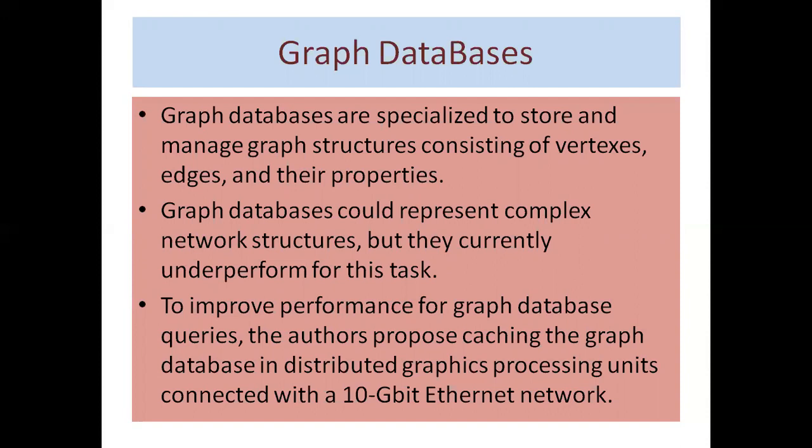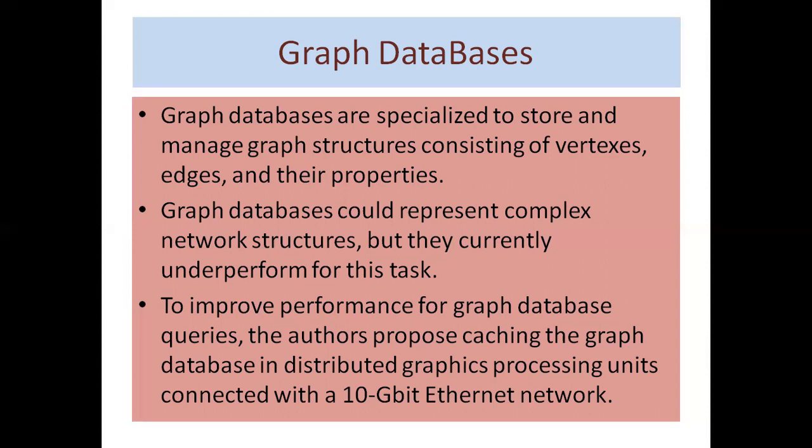In this slide, I want to explain the definition of a graph database and its disadvantage, which is underperformance. The high performance is not observed in the task of representing complex network structures. Simple network structures are handled by graph databases, but complex network structures are underperformed.